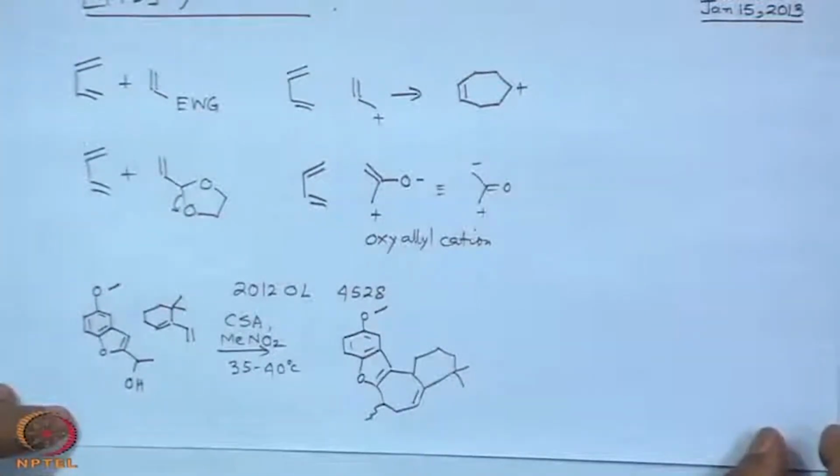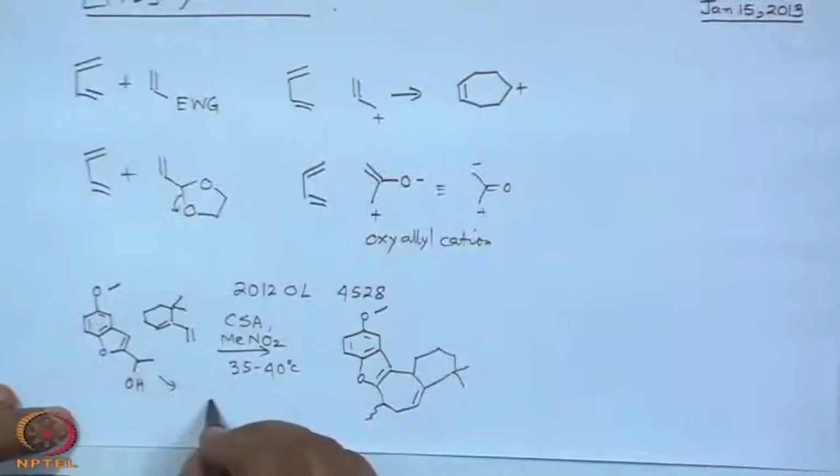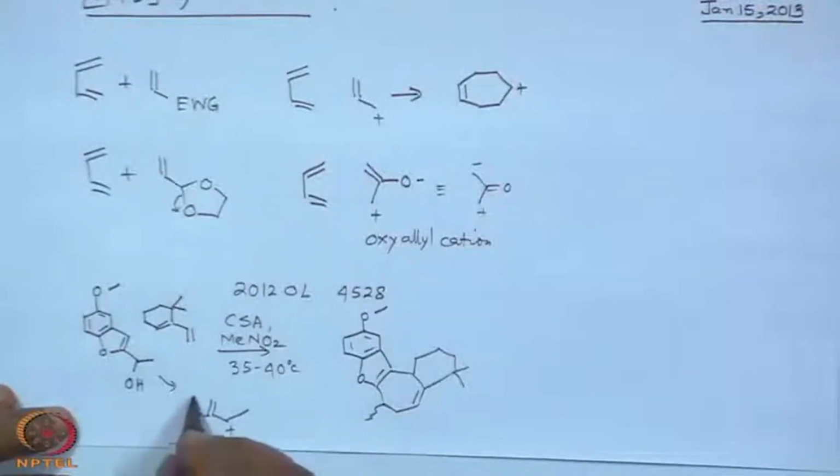So, mechanistically you do not have to go through this 4+3 cycloaddition reaction. What you can do, you can think about as if this is forming the carbocation here, this carbocation here, right.